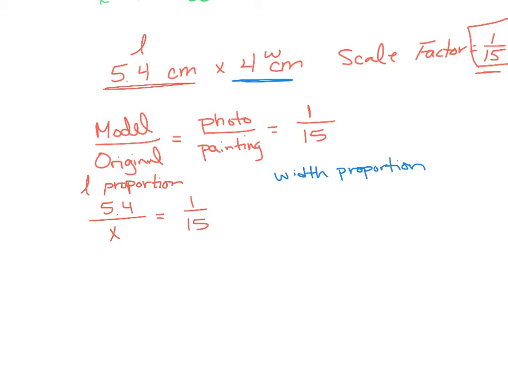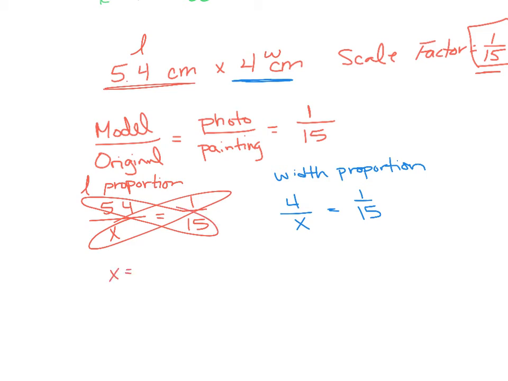So we're going to take the width of 4 over x equals 1/15. So we're going to say the length over x equals a scale factor, the width over x equals a scale factor. And then we're going to cross multiply and divide. And when we cross multiply and divide, that is going to give us our actual length and our actual width.